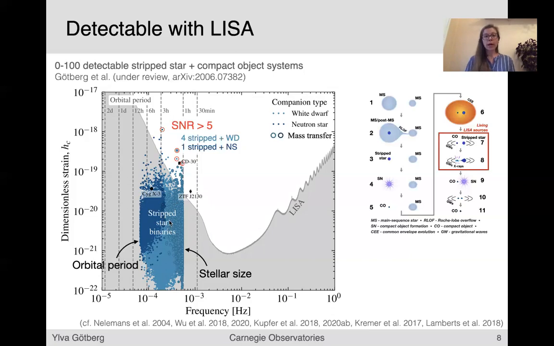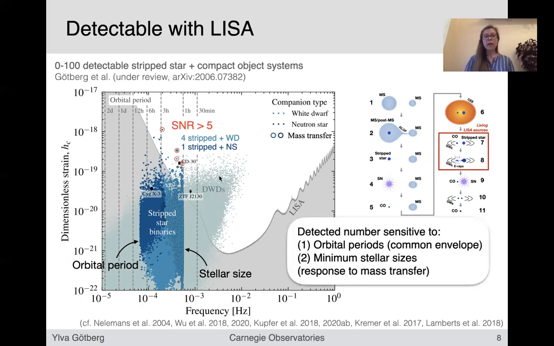So that could imply that stripped stars indeed can be smaller, and we might have a larger population of detectable stripped star systems. Compared to the double white dwarfs, you can see that the detectable stripped stars occupy primarily a lower frequency regime, as I mentioned previously.